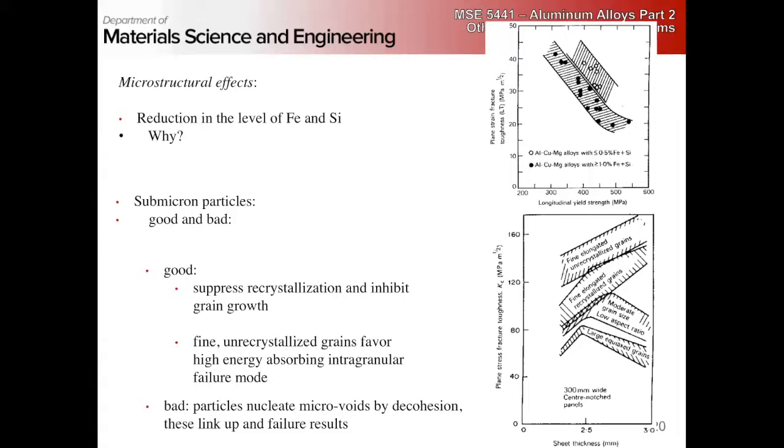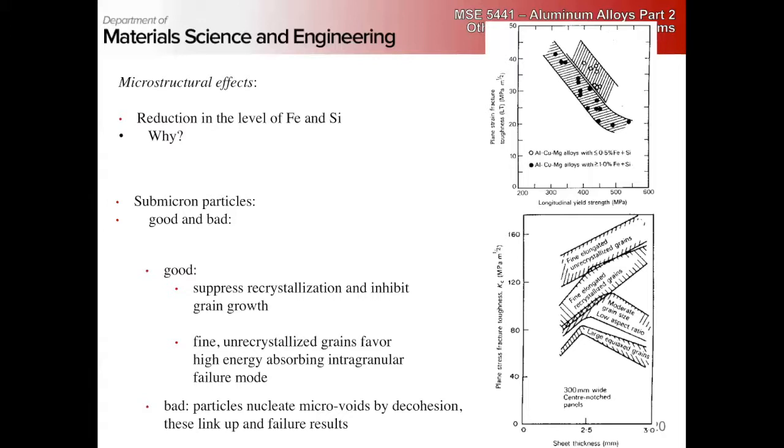If we don't have precipitates along the grain boundary, we're going to force an intragranular failure. And with all these submicron particles, it favors this energy absorbing failure mode, right? But the particles nucleate microvoids due to decohesion, and these are going to link up.